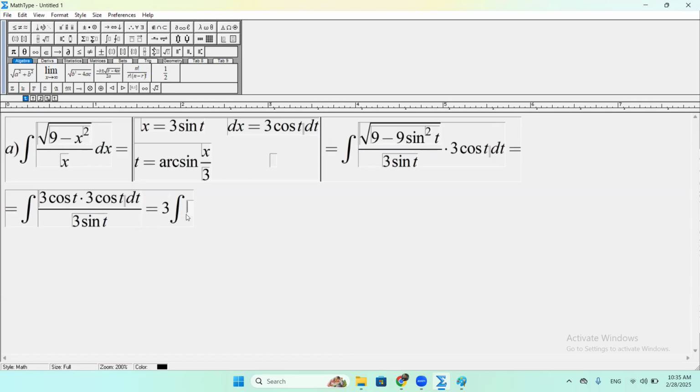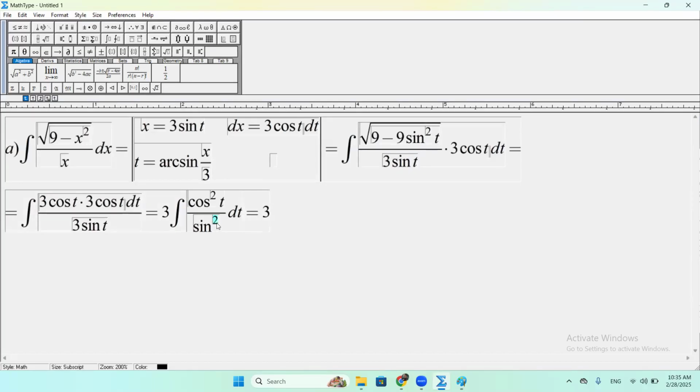So what do I have here? So cosine, let's reduce the power, and we will receive table integrals.